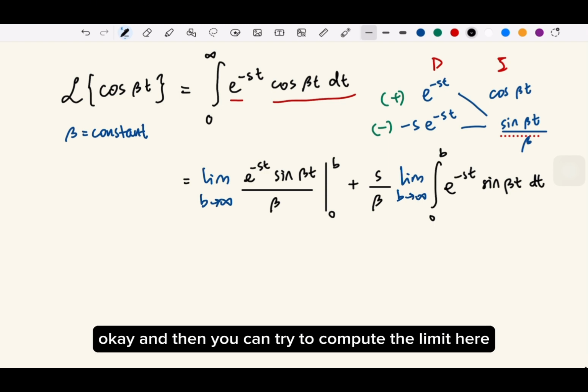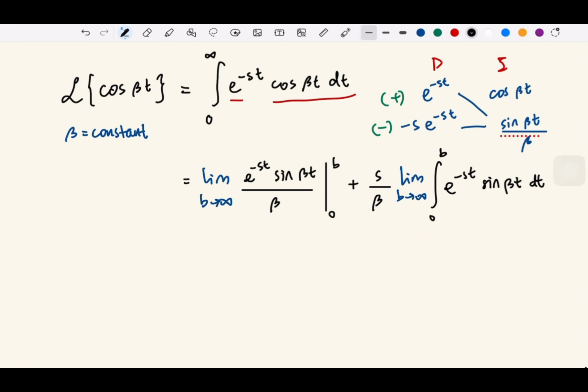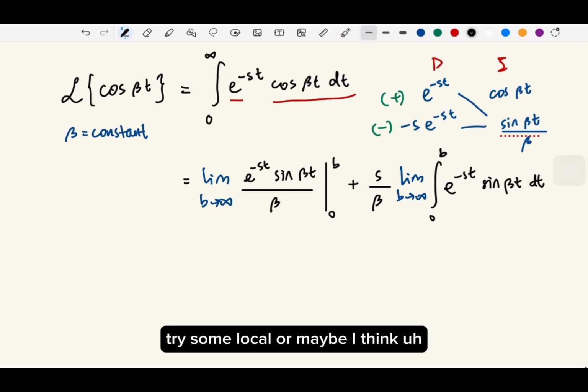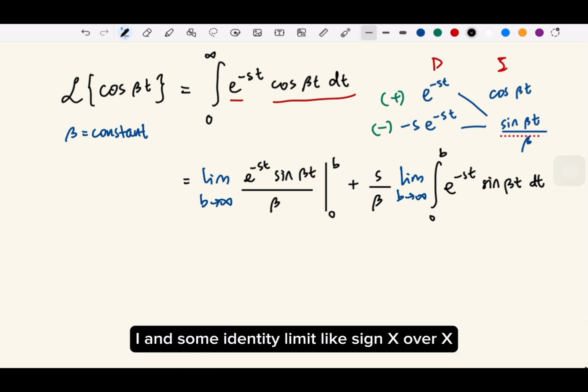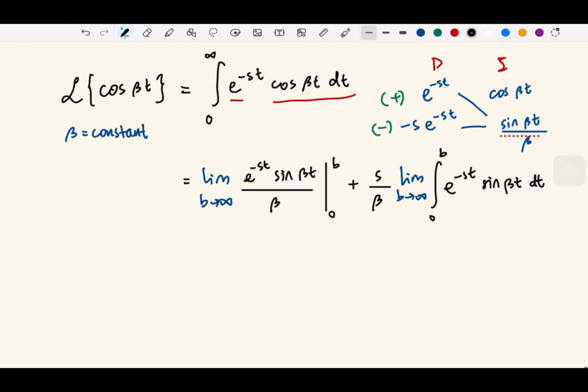Okay, and then you could try to compute the limit here. You can come up with a rule, moving downwards several times, and it will be 0. You can try it like that, or just trust me, this will be 0. You can try L'Hopital, or you can use an identity limit like sine x over x equals 1 for x close to 0.